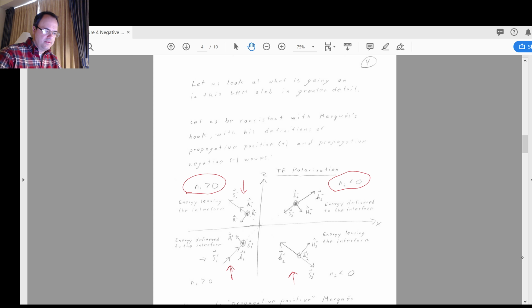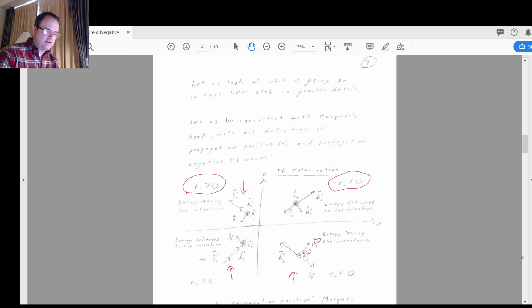So we label this as the plus. If energy is going in the positive x direction, of course it has a minus z component as well, but it's going away from the interface and in the positive x direction, then k is in the opposite direction.